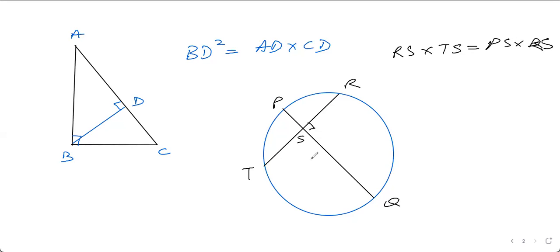But we have already said that TS and RS are the same, they are congruent. That means we can say RS into RS equals PS into QS.